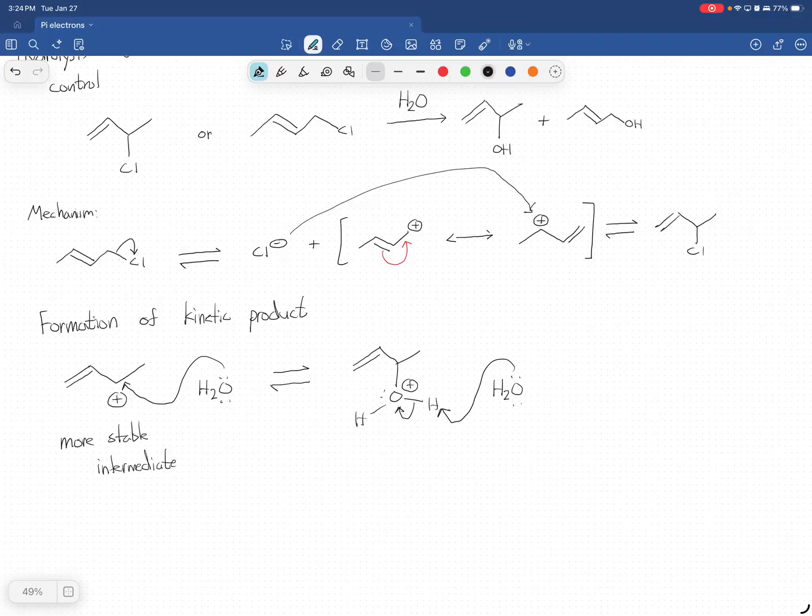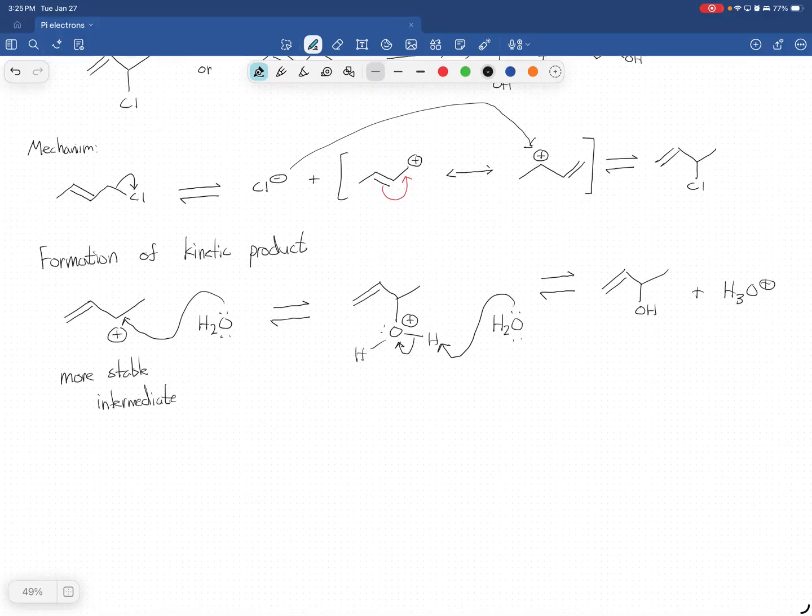And then eventually equilibrium will favor the formation of the alcohol, and you get the first product here, which is the kinetic product, the secondary allylic alcohol. Okay, so that's the kinetic product.